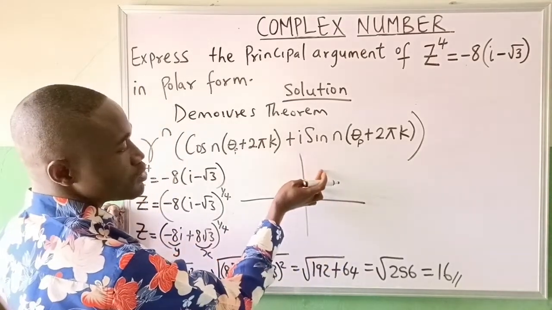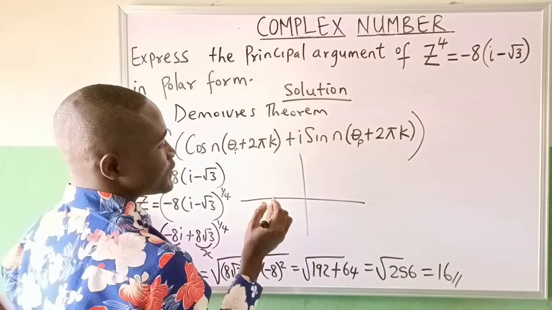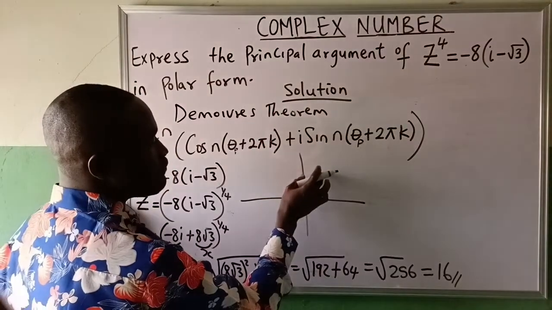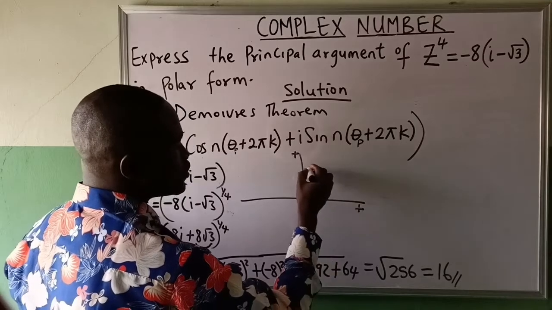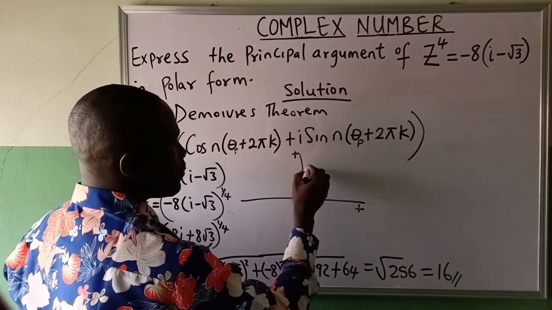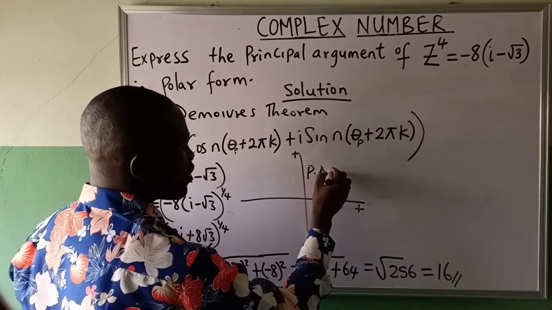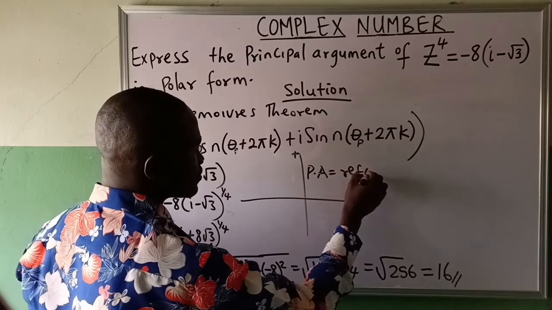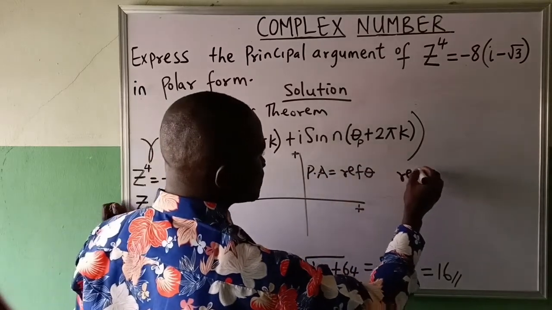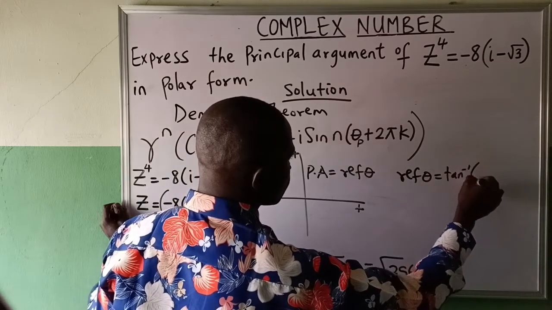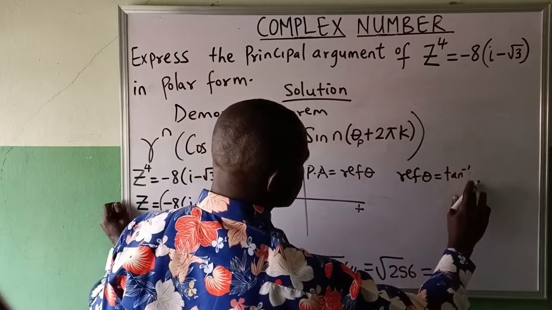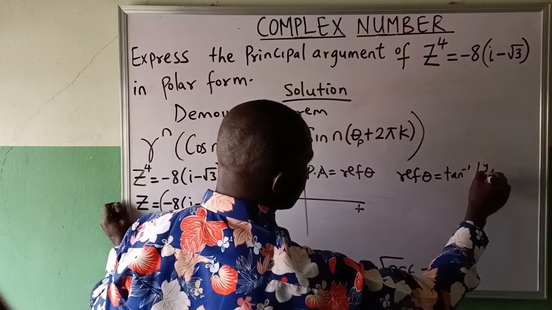This is the first quadrant. That is, when it is in the first quadrant, where here is plus and here is plus, you say that your principal argument will be equal to ref theta, where ref theta is equal to tan inverse of the modulus of y over x.